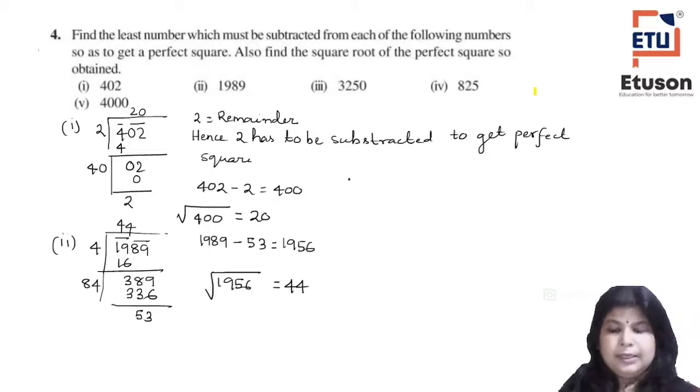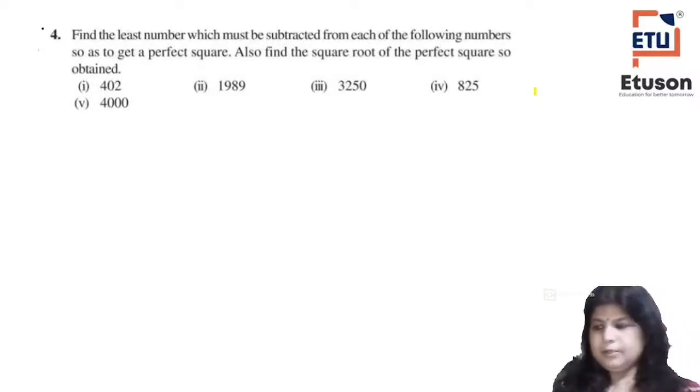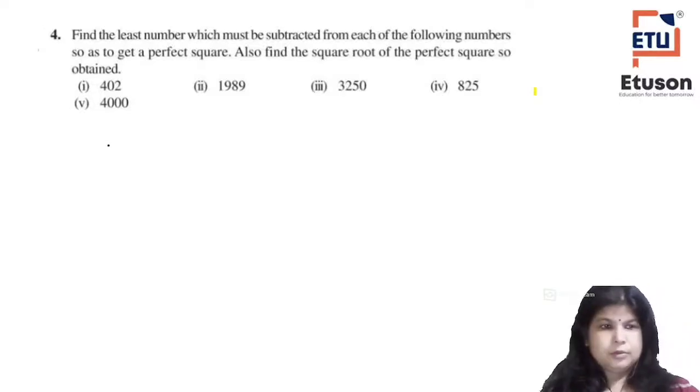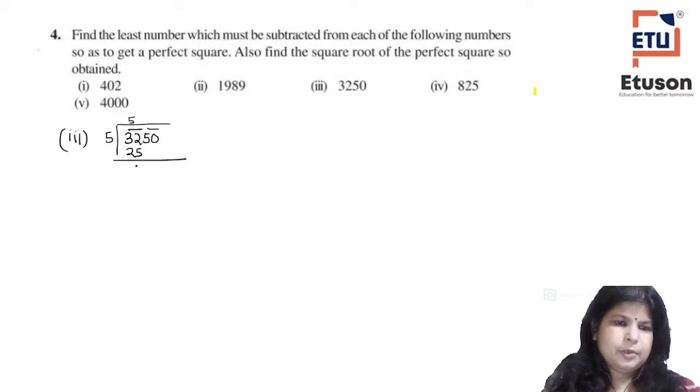Now let us go to the next bit, right? Bit 3. So you have number 3250. Put the bar as usual. 5 square 25. Remainder is 7.